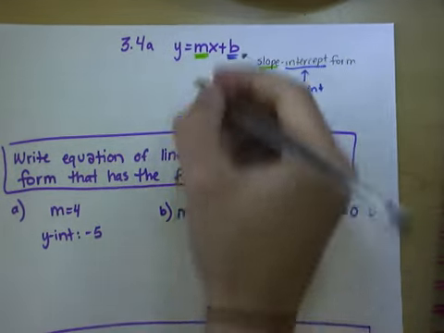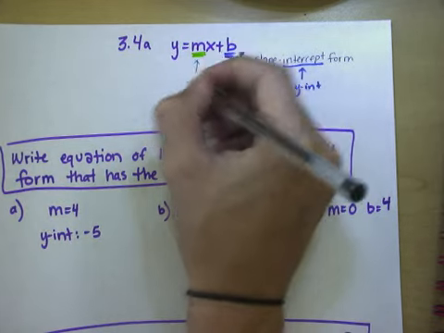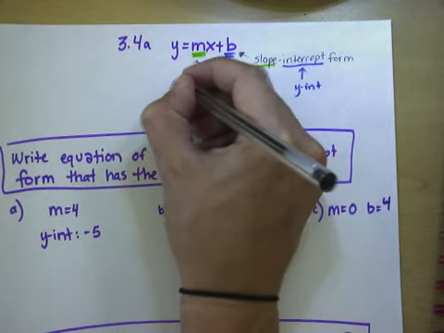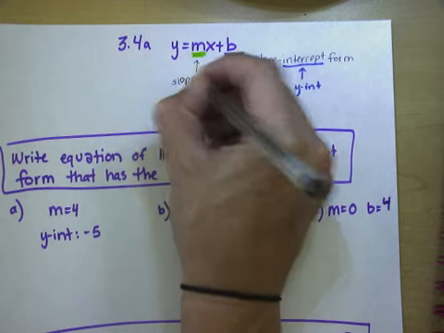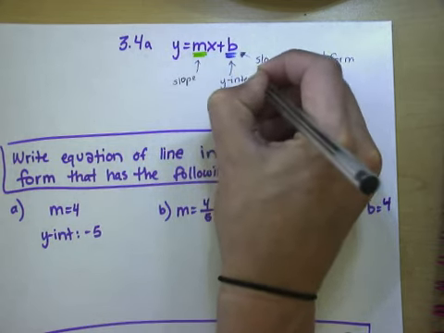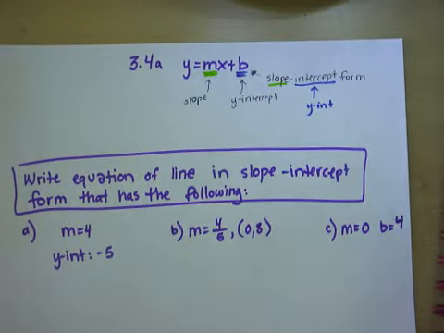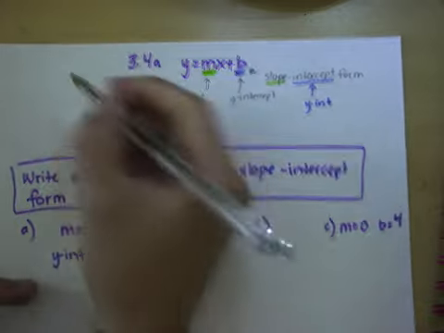So in this case, again, we have our slope and we have our y-intercept. Okay.